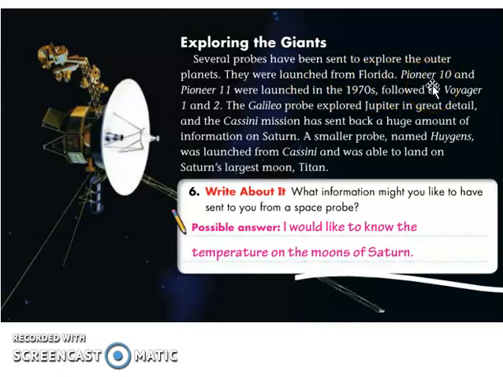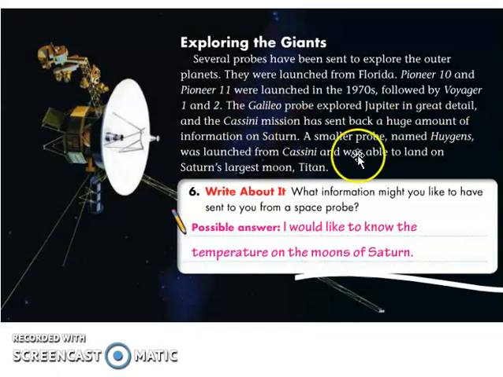Okay, Pioneer 10. The owner of that one is NASA, and they launched it in Florida, United States. The first are Pioneer 10 and Pioneer 11. These were launched in 1970 and then followed by Voyager 1 and Voyager 2.